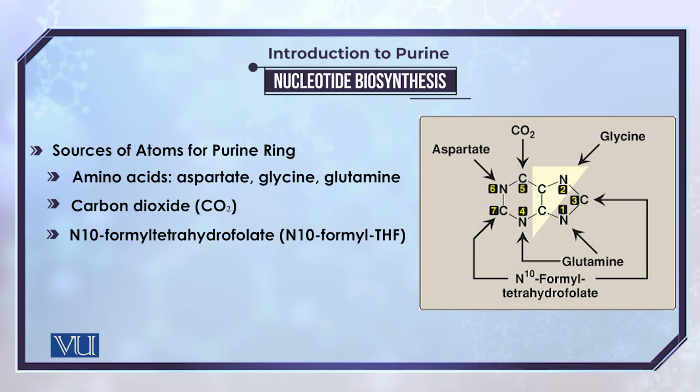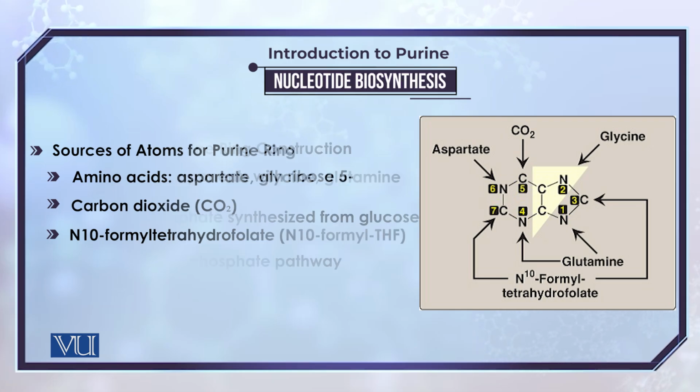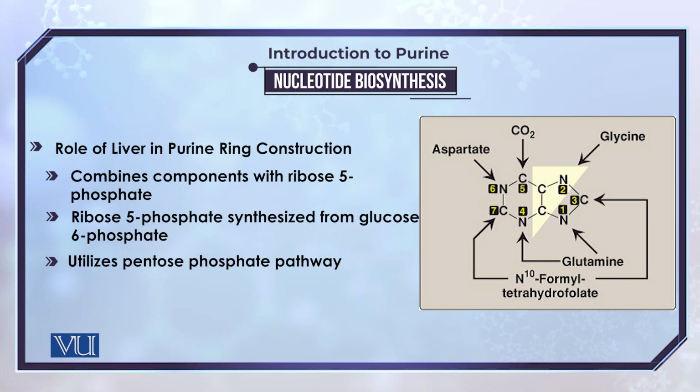First of all, the purines take their atoms from different sources. For example, from amino acids like aspartate, glycine, glutamine, then carbon dioxide, and then formyl tetrahydrofolate. These molecules give different components of the purines.